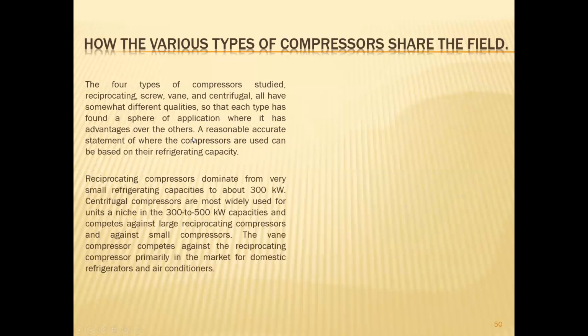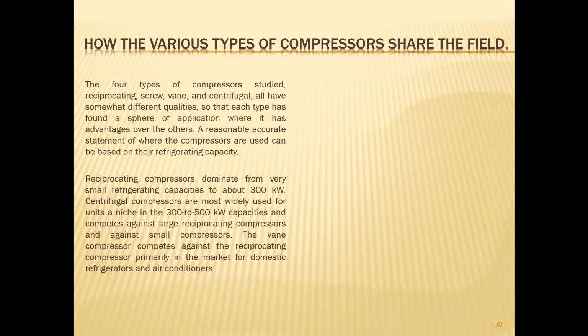Ito rin. How the various types of compressors share the field. So, saan ginagamit? The four types of compressors studied, reciprocating, screw, vane, and centrifugal, all have somewhat different qualities so that each type has found a sphere of application where it has advantage over the others. A reasonably accurate statement of where the compressors are used can be based on their refrigerating capacity, yung range.